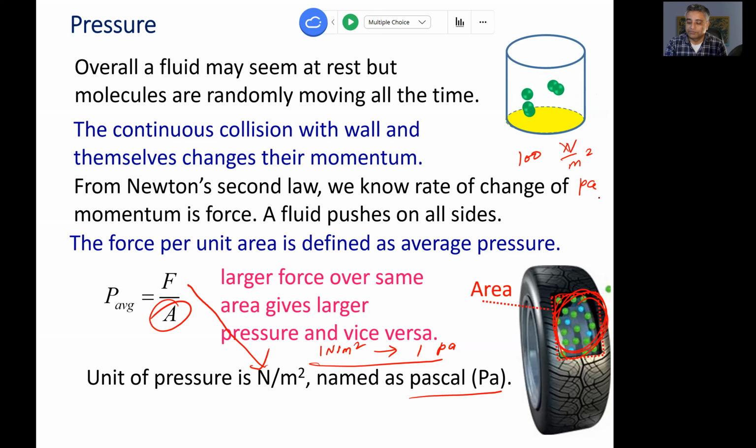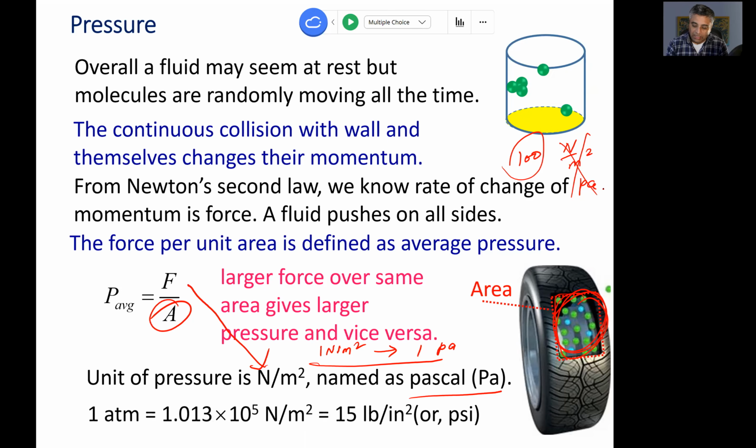We are using a different unit, and you will be surprised that's not even a unit of pressure. Actually, it's something else, and we'll learn about that, okay? But 1 atmospheric pressure is about 10 to the power 5 Newton per square meter, or Pascal, slightly larger than that.